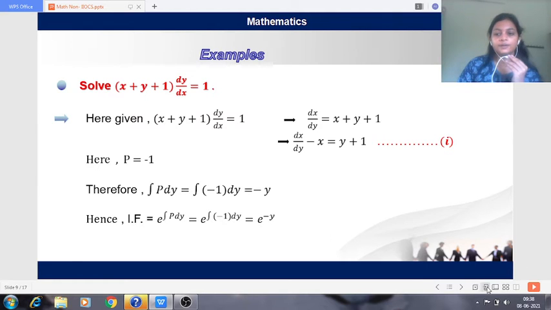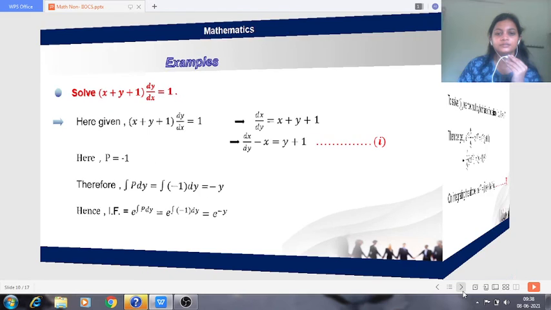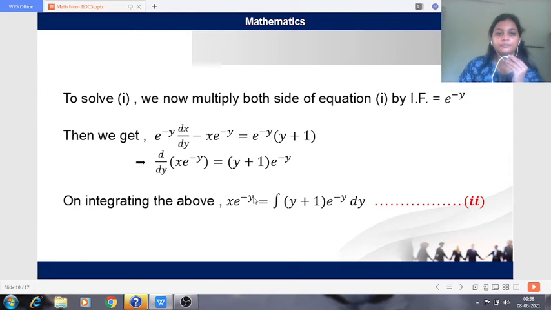Now we multiply equation 1 by this integrating factor.